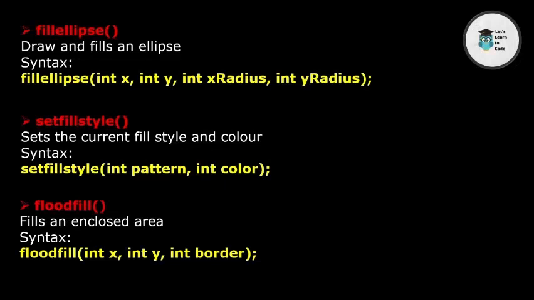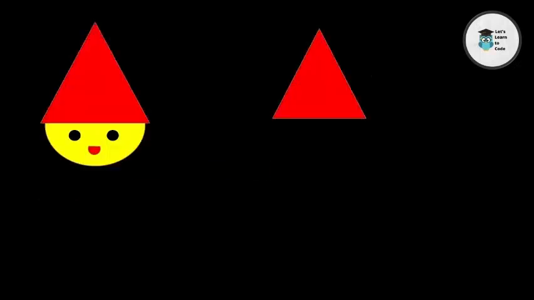Here border means the border color. Suppose you want to fill a triangle, you need to provide the inner coordinates, that is, x and y will be the inner coordinates of the triangle, and the border value. Remember that if the point is outside, the outside area will be colored instead of the inner triangle.